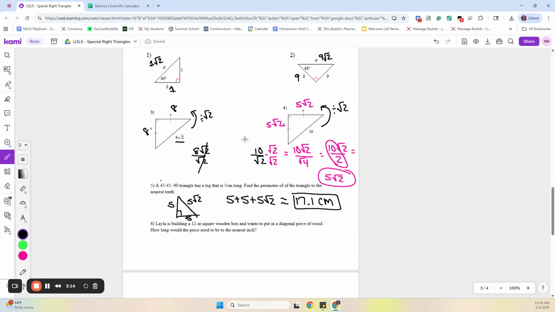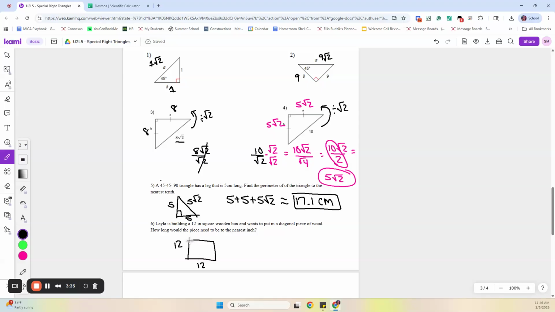And then number 6, Layla is building a 12-inch square wooden box and wants to put in a diagonal piece of wood. How long would each wood piece be to the nearest inch? So a box, so all our side lengths are 12.